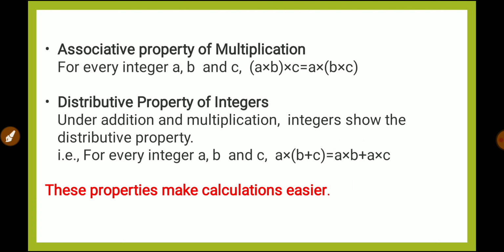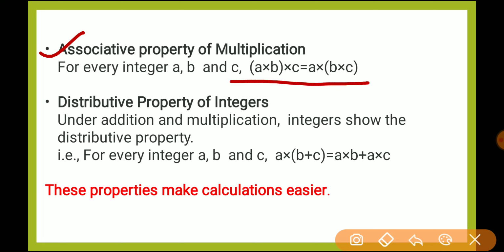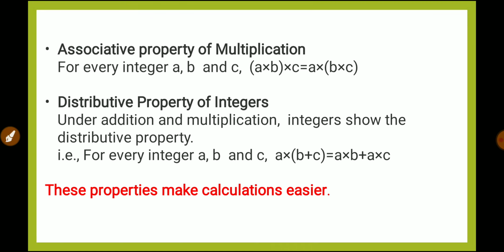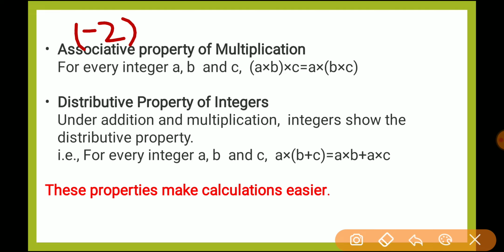Next is associative property. Okay, associative means now there are three integers, a, b, c. So let's take a as minus 2.